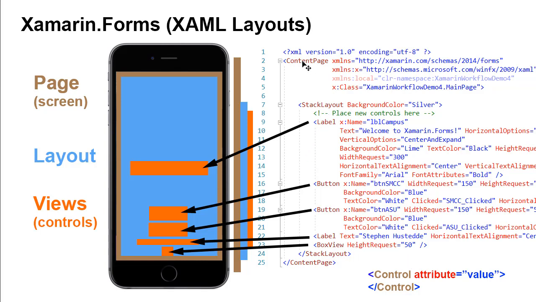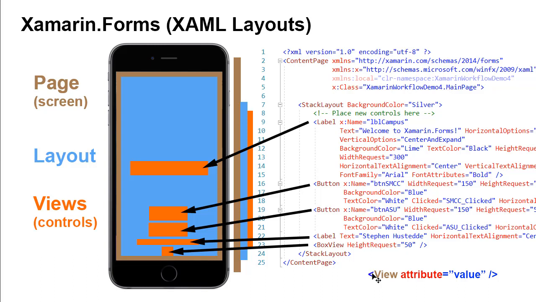Now, whereas the content page and the stack layout use this format of an opening tag and a closing tag, most views we typically put them all into one. So we have our opening tag, the view name, the attributes equaling some new value, and then at the very end of that we close that view with a slash greater than.